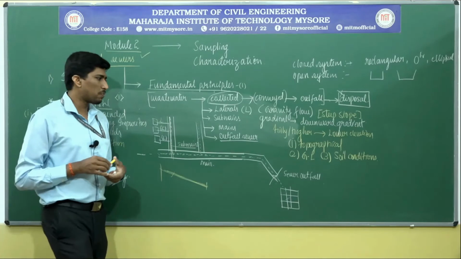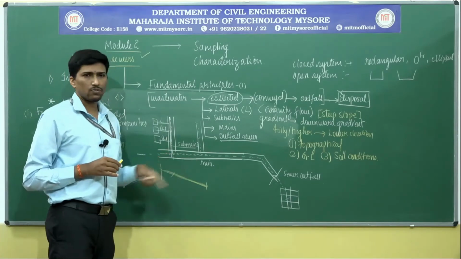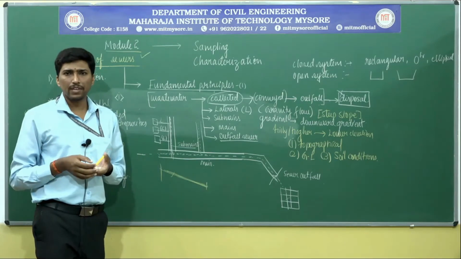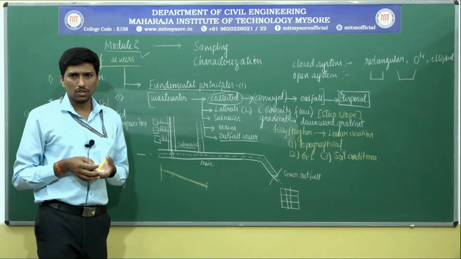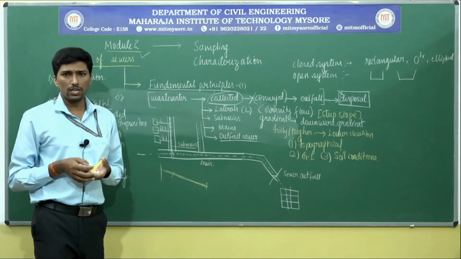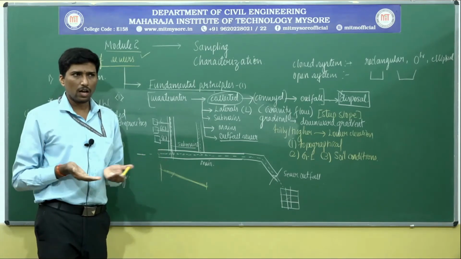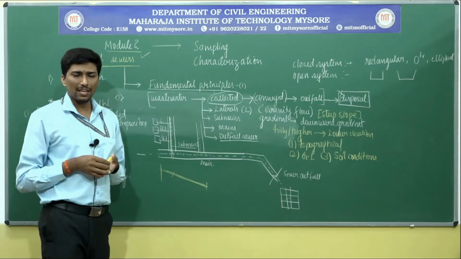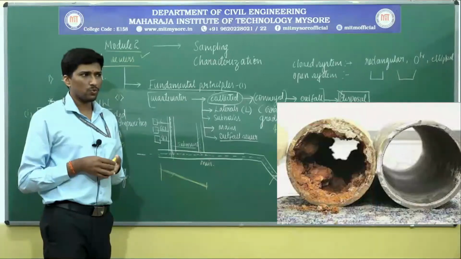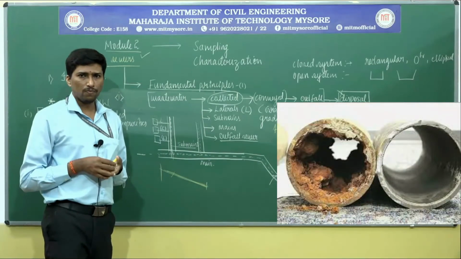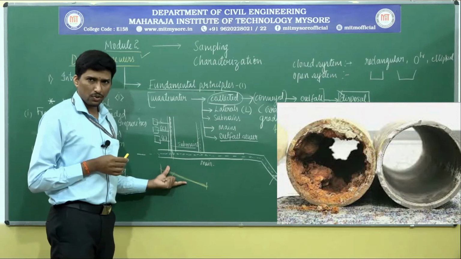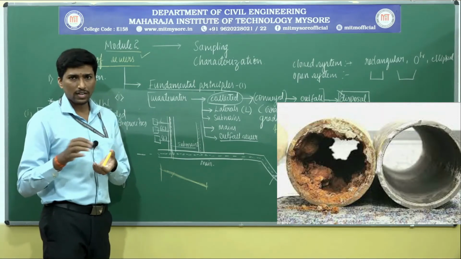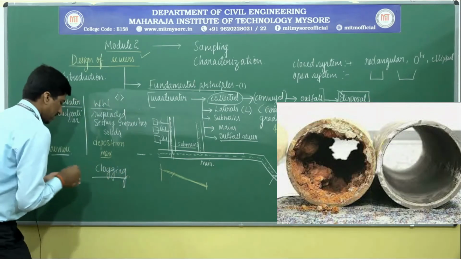Whenever the settlement takes place across these systems, the flow velocity tends to decrease. When the flow velocity decreases, there is a larger area for the deposition of the particles, thereby leading to the formation of the deposition.